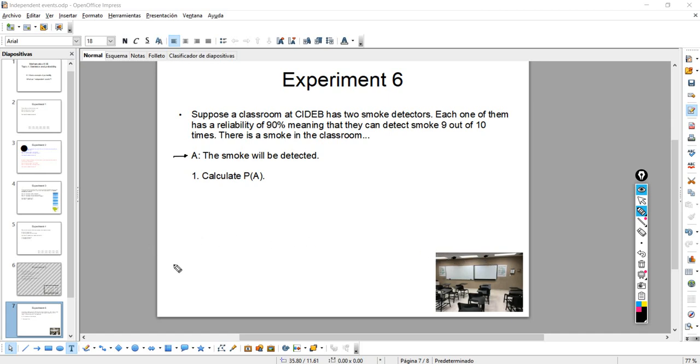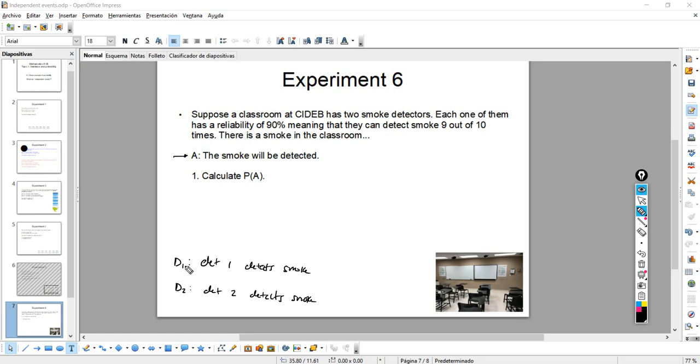And if I define 2 events, I'm going to call them D1 and D2. The event D1 is that detector 1 detects smoke, and D2 is the event that detector 2 detects smoke.